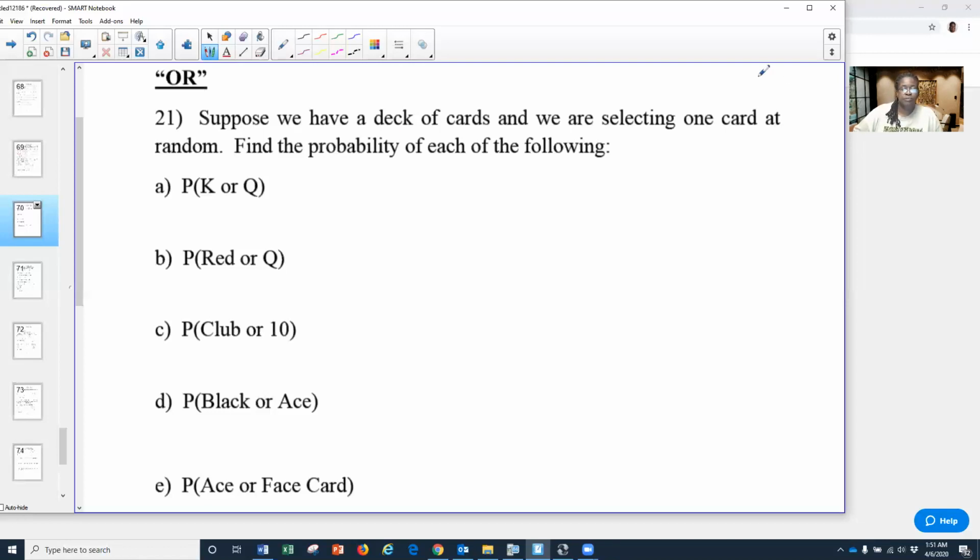We're looking at a deck of cards. So we know that our denominator is going to be 52 for the standard deck of cards. We're selecting one card at random, okay? And then we're going to find the probability of the following.